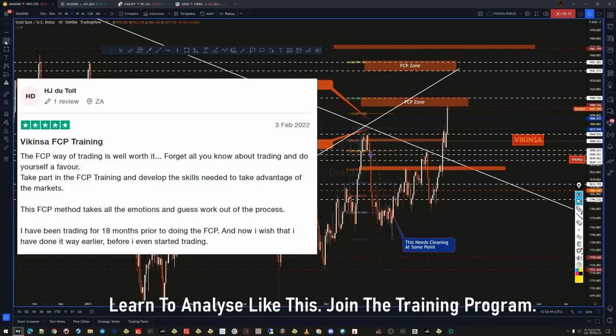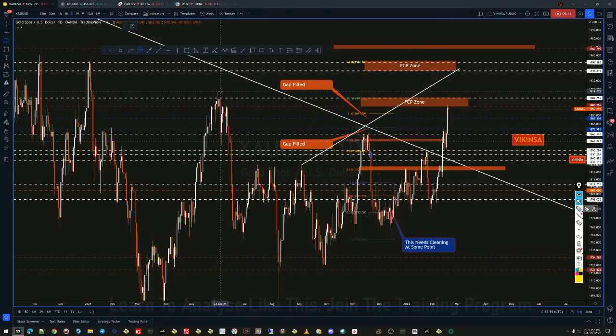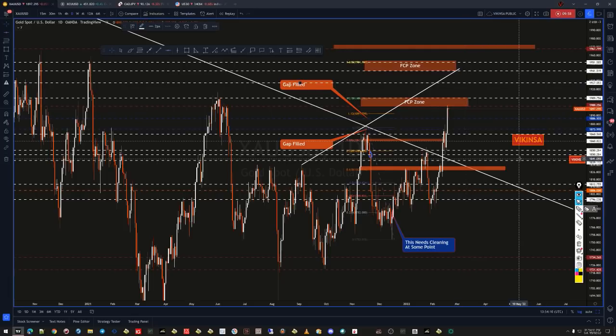So let me just quickly measure that. So if I just draw it from here, okay, and then draw from here. Yeah. So that will be an intermediate level here, which is near about 1928 or so, right?